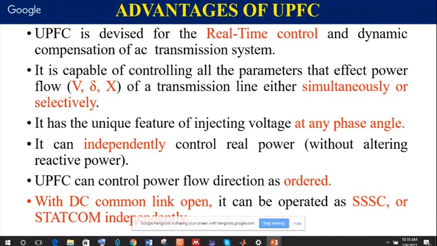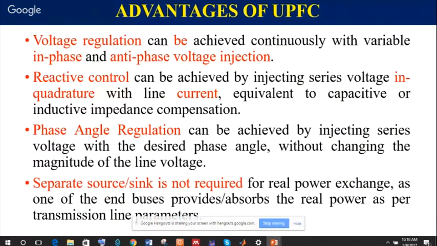So with the DC common link, it can be operated as SSSC or STATCOM independently. Also, it has the advantage that we can get voltage regulation continuously with variable in-phase and anti-phase voltage injection.